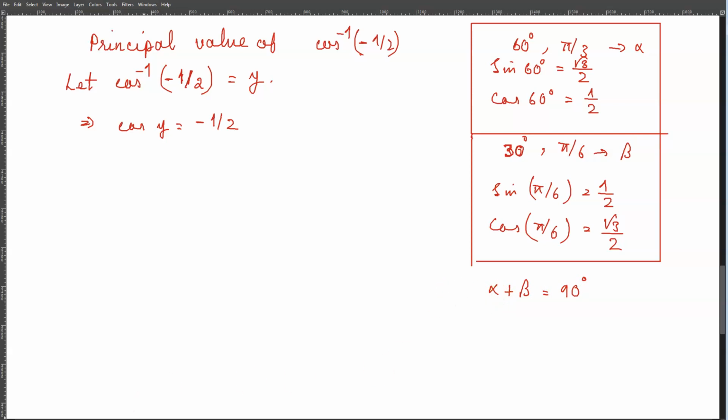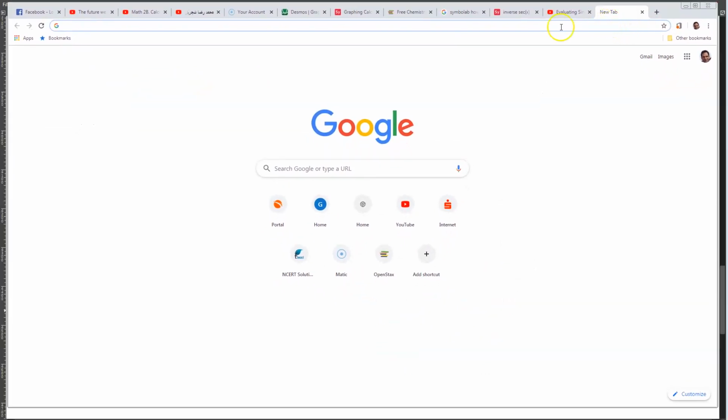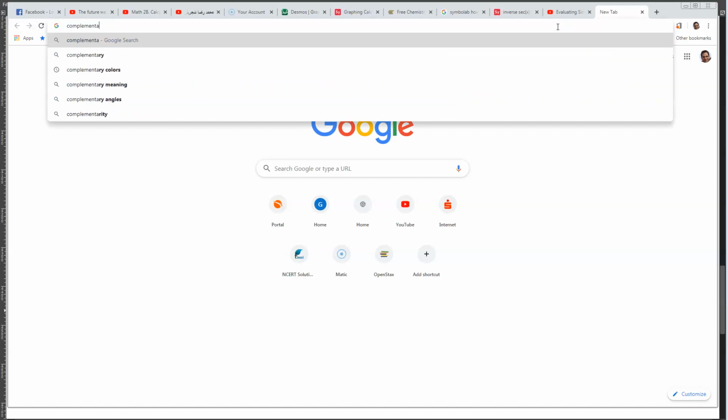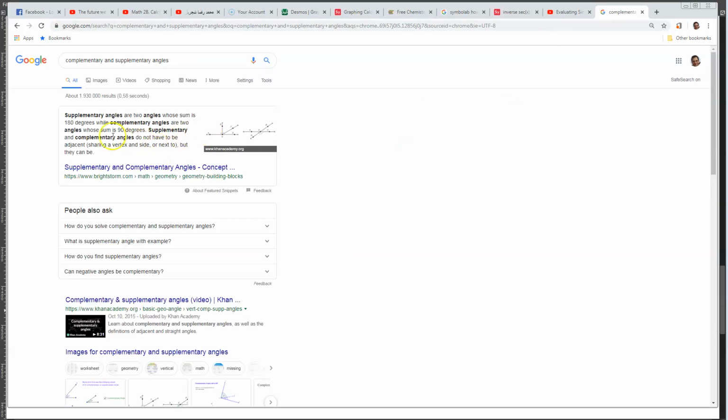And when two angles make 90 degrees, there are two types of angles as far as these two terms are concerned: complementary and supplementary angles.